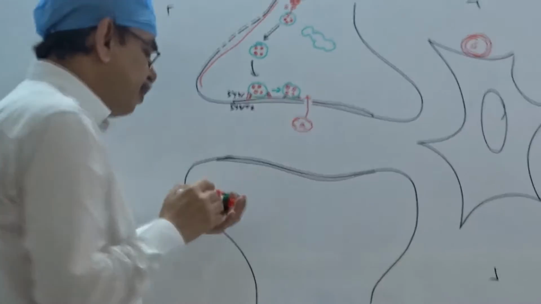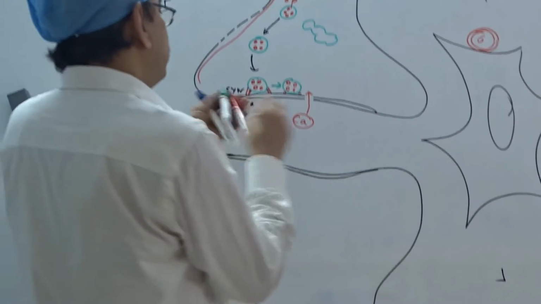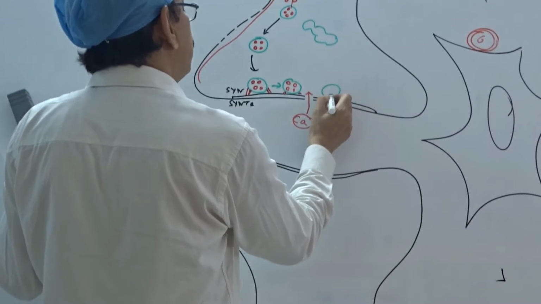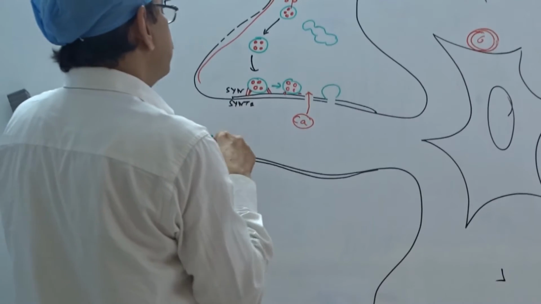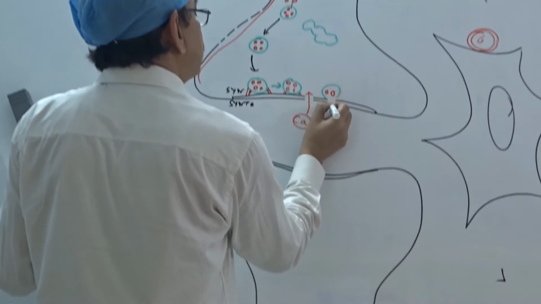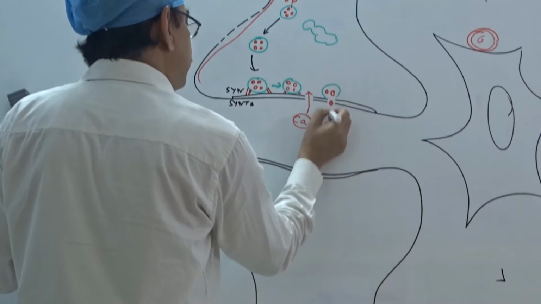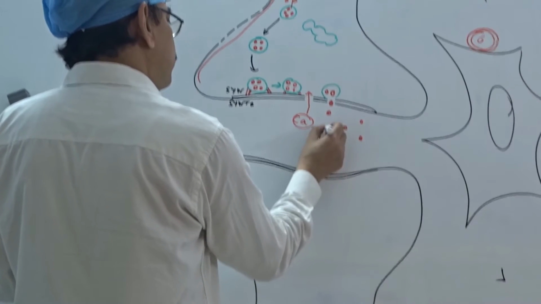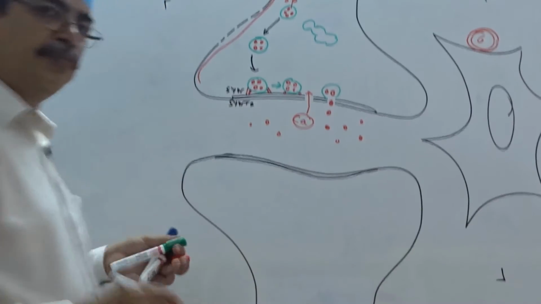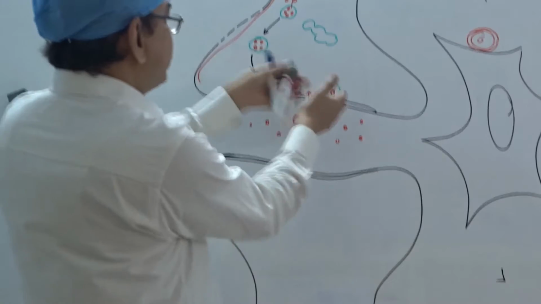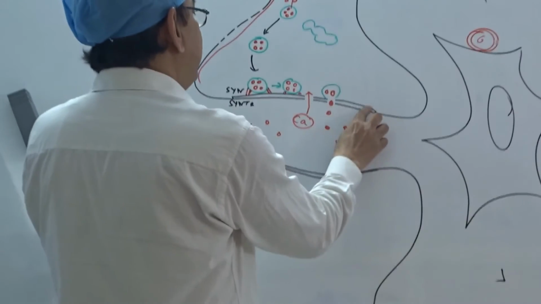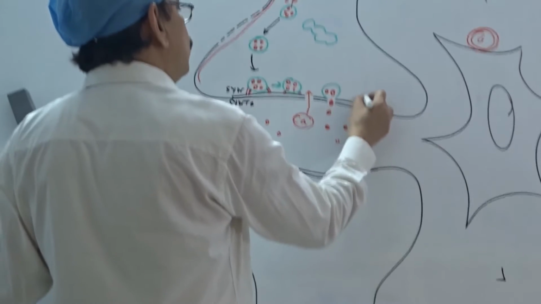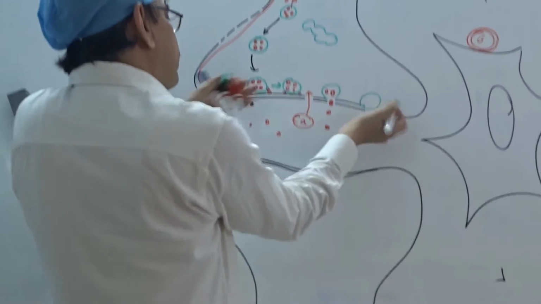And if the calcium enters, immediately there will be exocytosis. So the exocytosis of the glutamates will occur. So these will come out, and these will be there in this synapse.